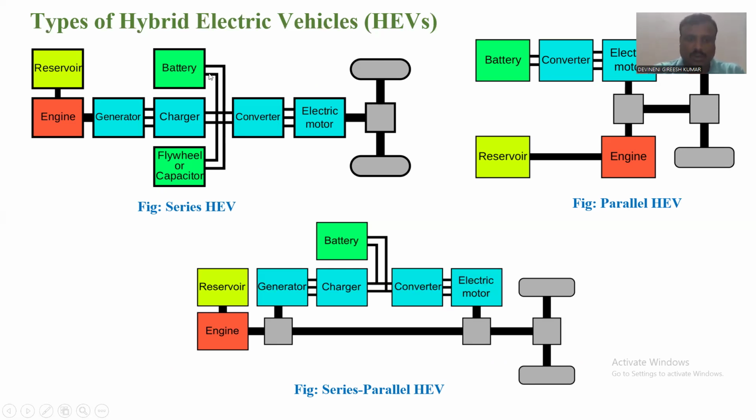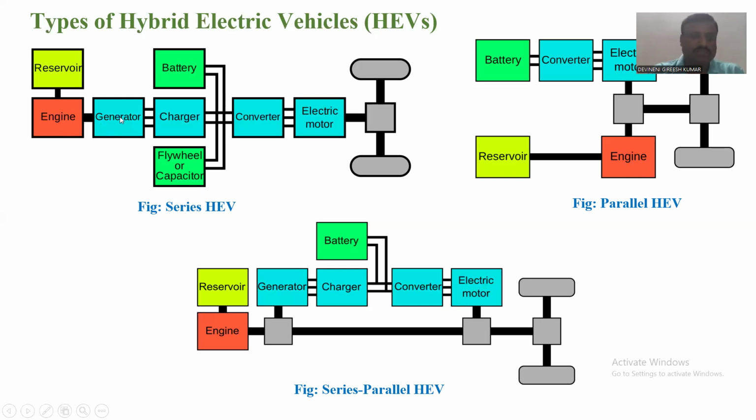But as I already told in the previous slide, it is not an externally chargeable vehicle. It is self-charging inside the vehicle. Here what we are doing is we have another engine called the IC engine. It is driven by the fuel from the reservoir. Once the engine is driven, its output is mechanical energy, which is connected to the electric generator.